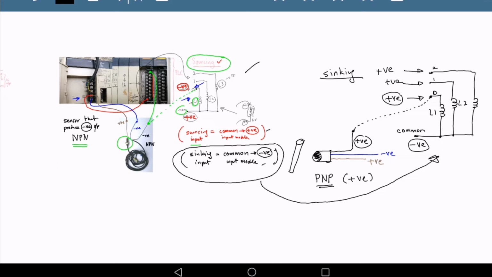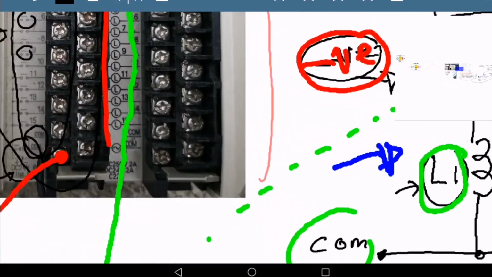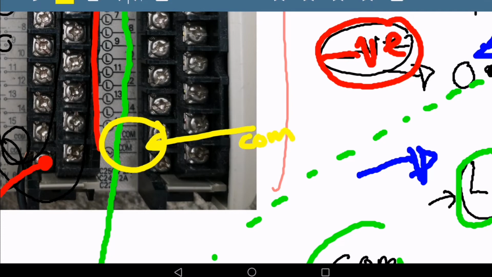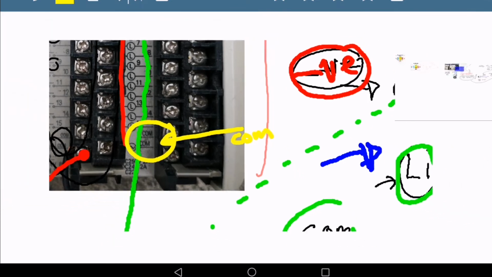How about output? Output module. We look at this again here. If we look at this output module, we have similar common, COM. It is the same thing. You have choice actually.